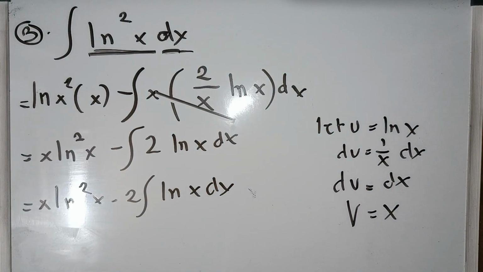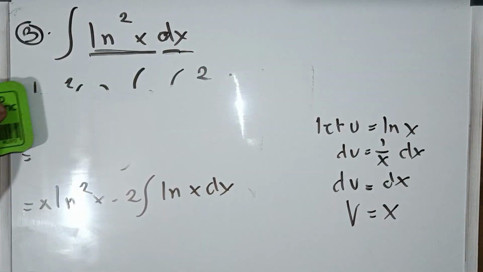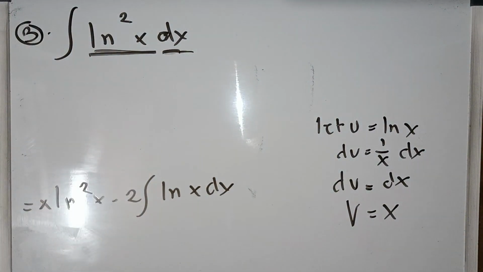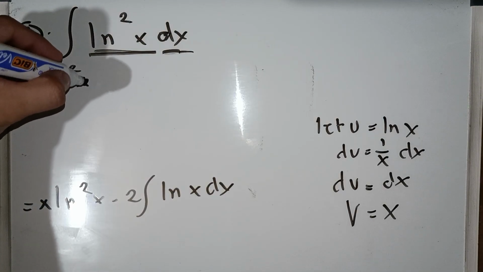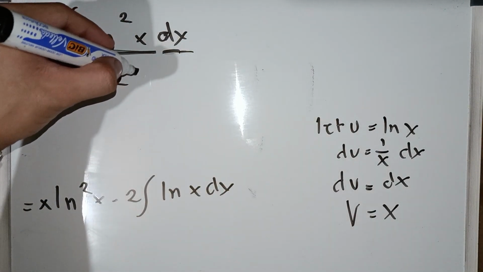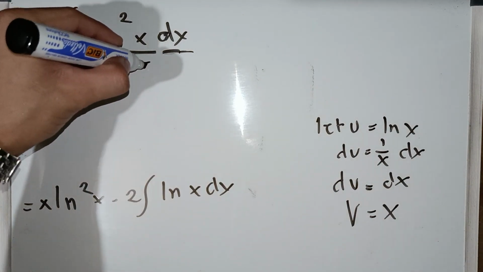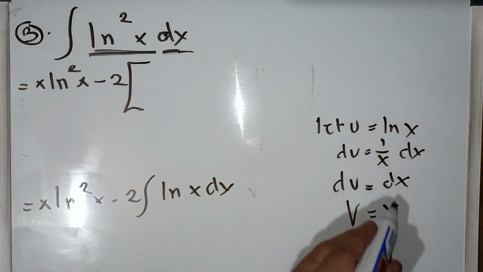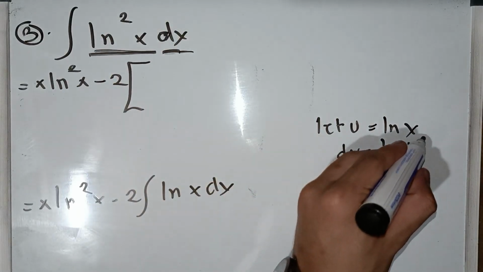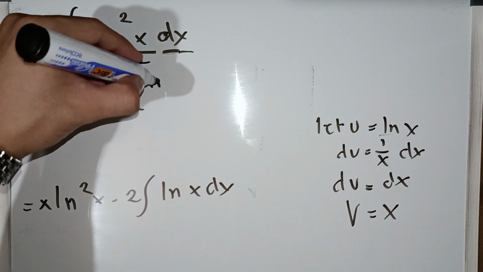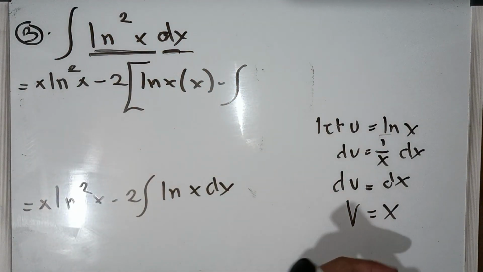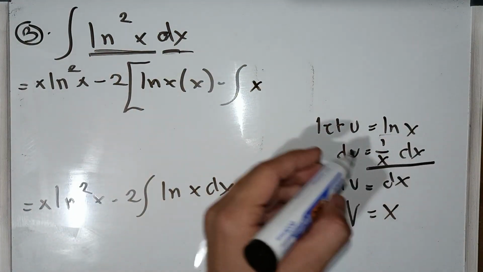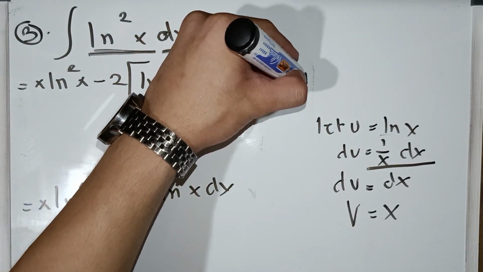So let's proceed to this one. That gives us x ln square x minus 2, and we have the u here and v, so multiplied by our u, which is the ln x, multiplied by the v, minus the integral of x multiplied by 1 over x dx.